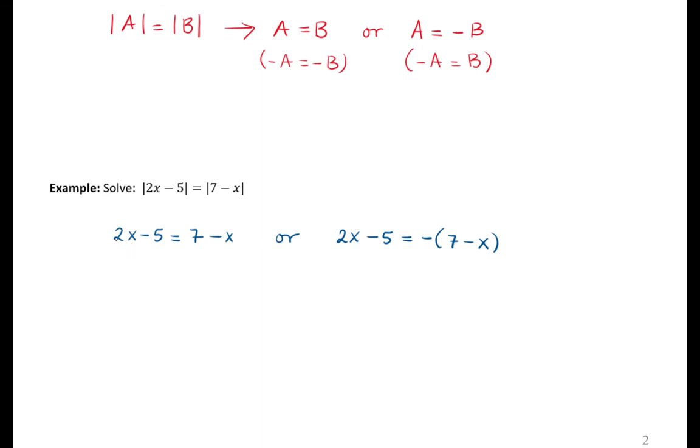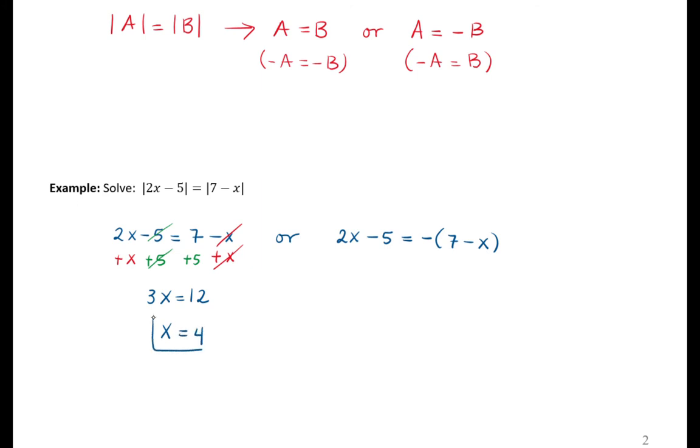Now I move that x to the left side, so I add x to both sides so that these two will cancel. Then I can add 5 to both sides to move this 5 to the right side. So we have 3x equals 12, so x equals 4.